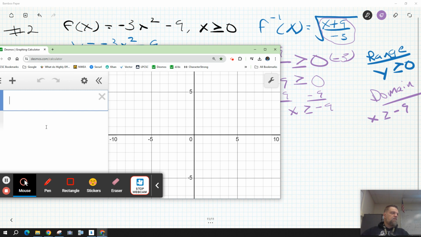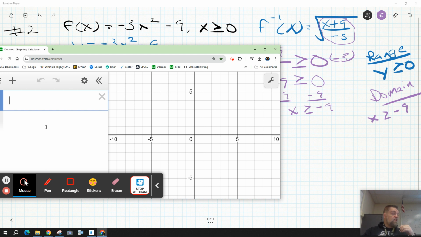All right, now let's plug in our inverse. So we're going to say the square root of x plus 9. Let me see if I could do this. Oh, shoot. Negative 3. All right, does that look right?